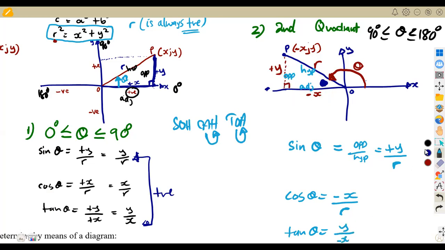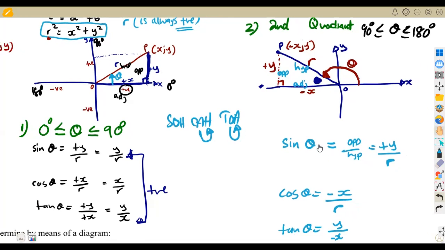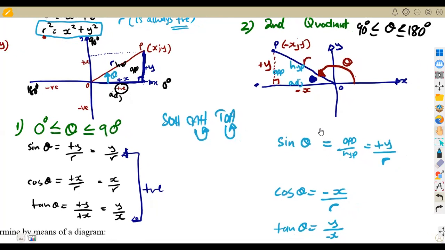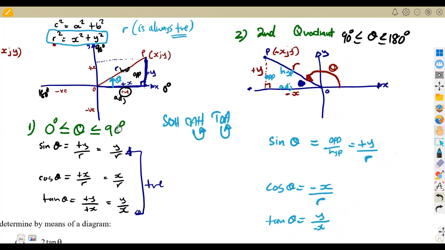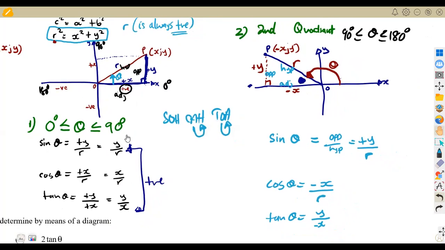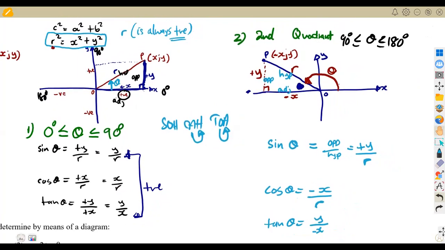So this is what I was explaining before. It only happened in the first quadrant where all of the ratios are positive. Once you move from these quadrants, you are going to see a change. There will be only one trigonometrical ratio which is going to be positive.